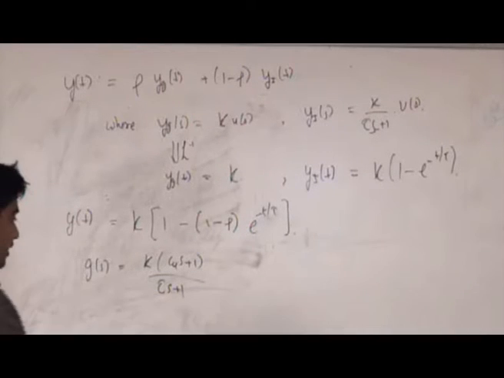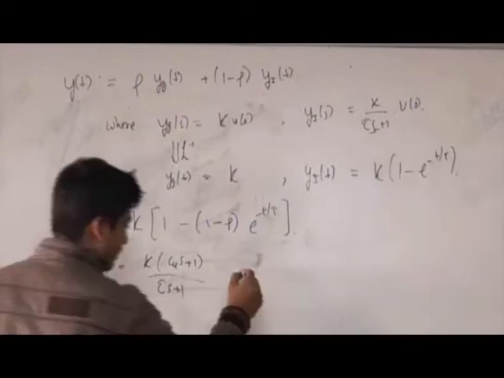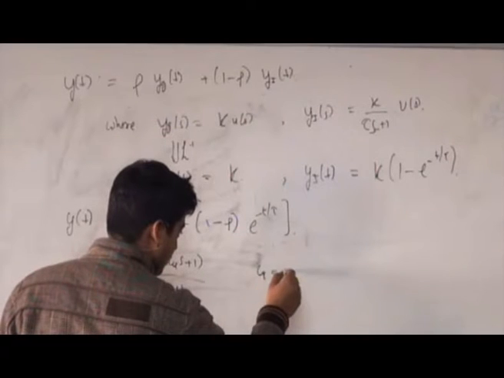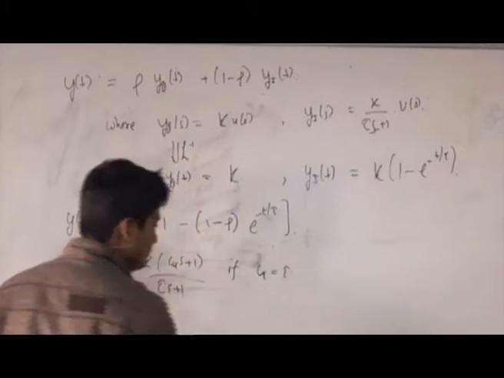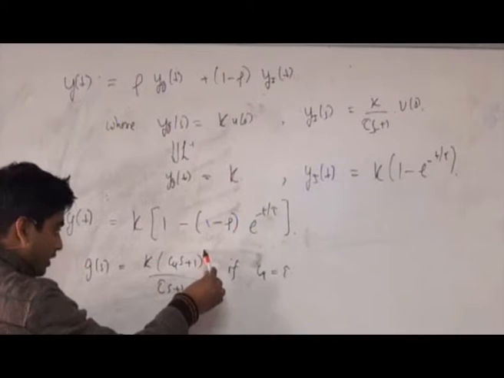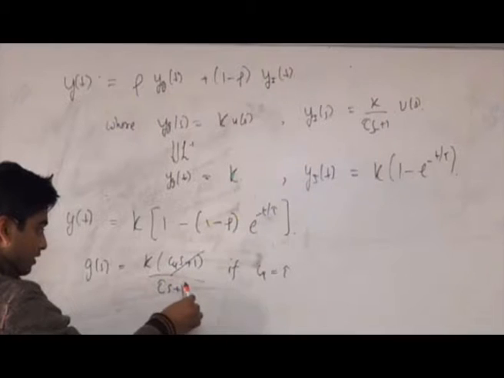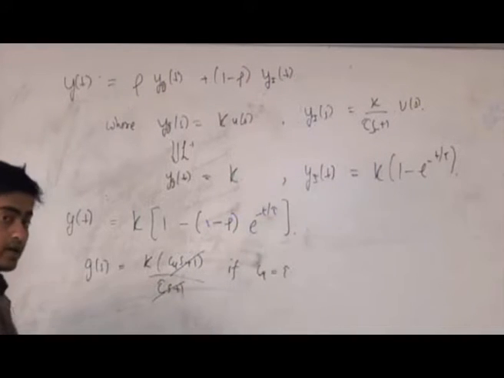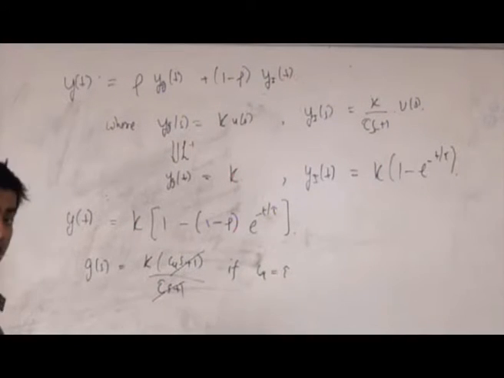What will happen if z is equal to tau? There would be polynomials cancelled out, and this is what you call pole zero cancellation.